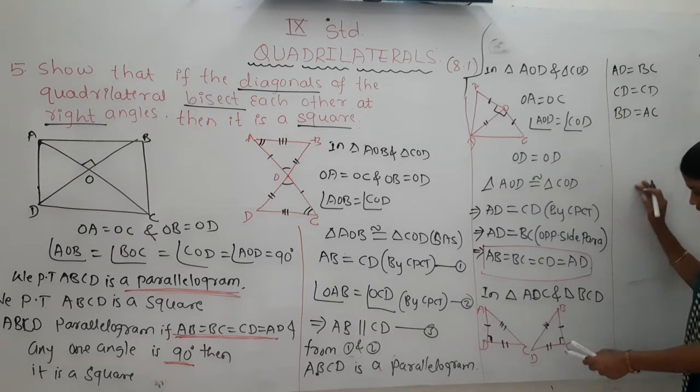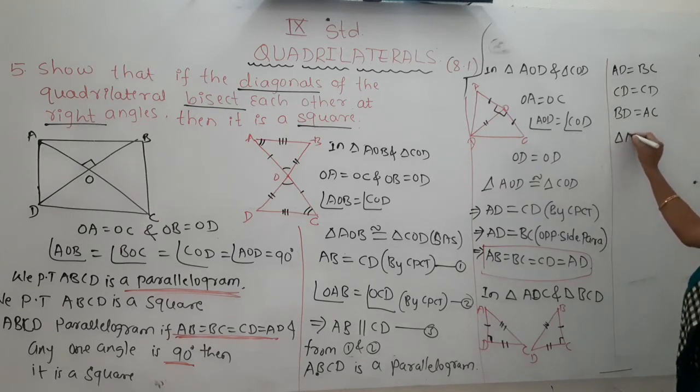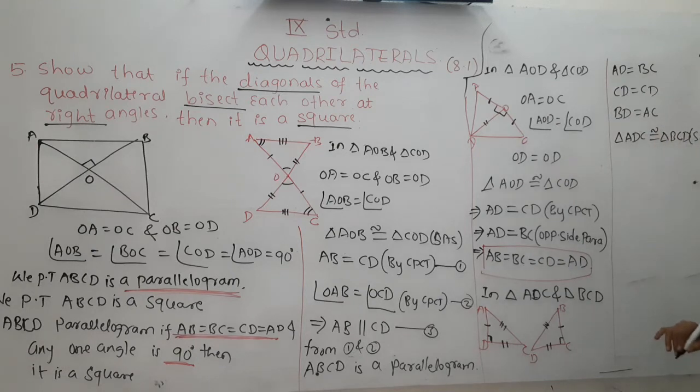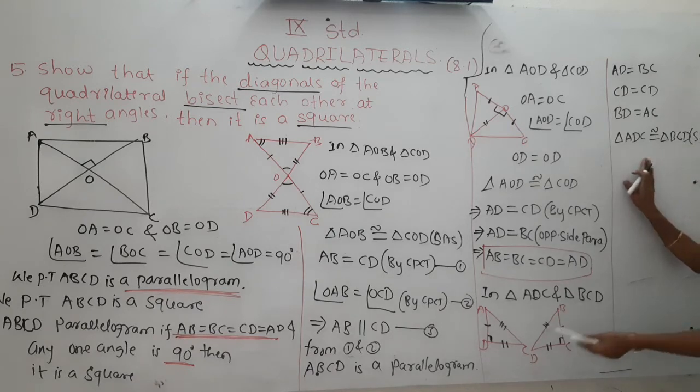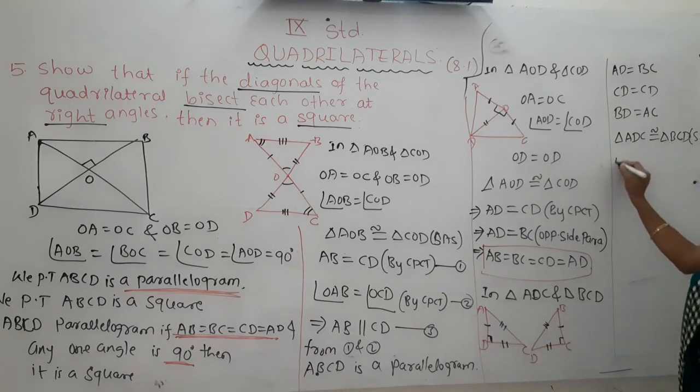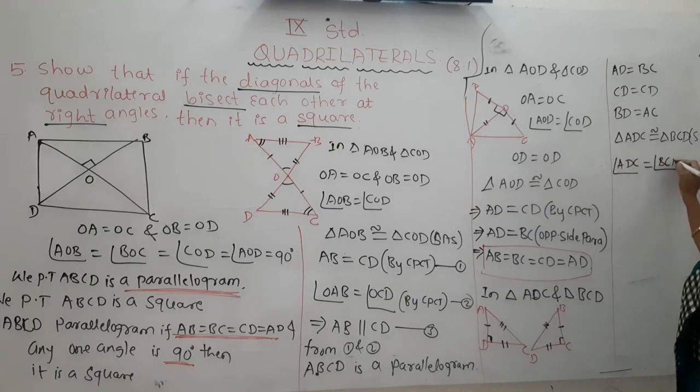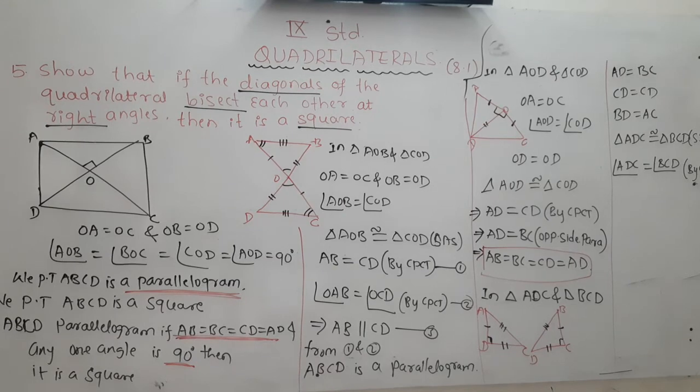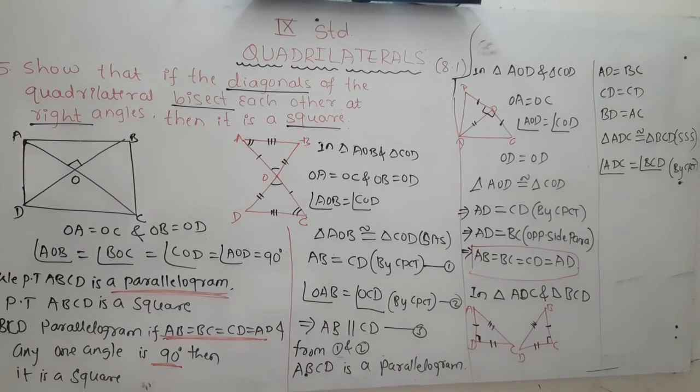And we can say triangle ABC is congruent to triangle BCD by SSS congruence condition. If these two triangles are congruent, the corresponding chords are equal, which means angle ADC is equal to angle BCD by CPCT. By CPCT these two triangles are congruent to each other.